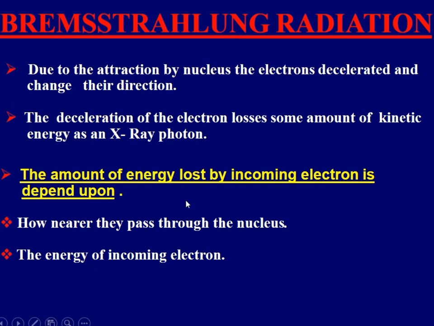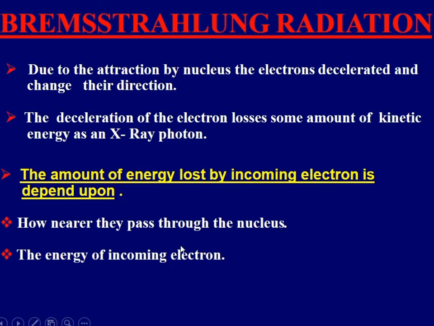Now the amount of energy lost by the incoming electron depends upon two factors. What are the two factors? How nearer they pass to the nucleus, meaning how near the incident electron is to the nucleus and how much the nucleus can attract the particular incoming electron.